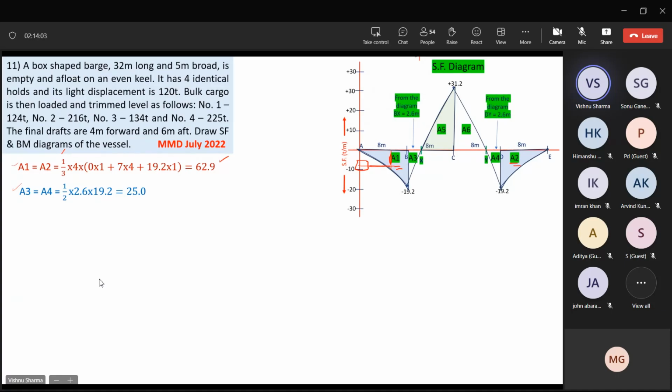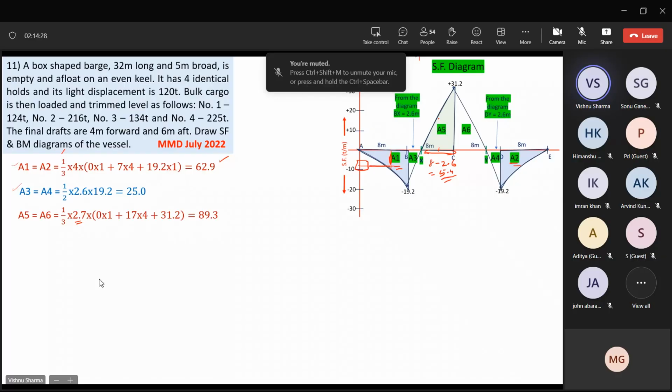Area A5 and A6 will be the same, and I have solved them again by Simpson's rule, 1/3 into common interval. Now X to C will be 5.48 minus 2.6, equal to 5.4. Half of 5.4 will be 2.7, guys. So I have taken midway here another ordinate.